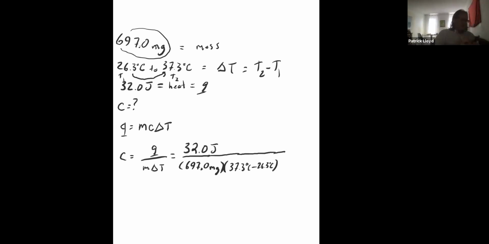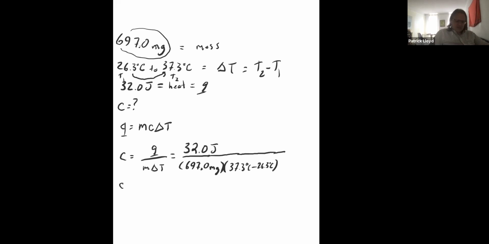Okay. So 32.0 divided by 697 divided by, and then I'm going to put this in parentheses, 37.3 minus 26.3, which is, I think, 11 degrees, right? Close parentheses. And you get a small number.